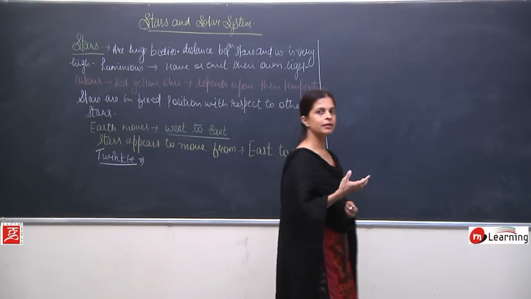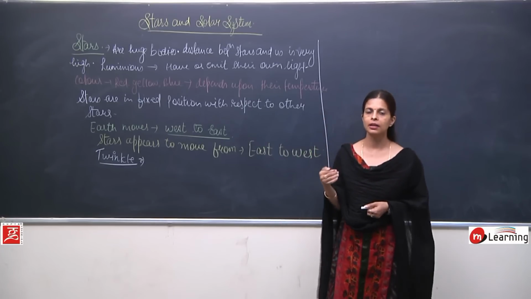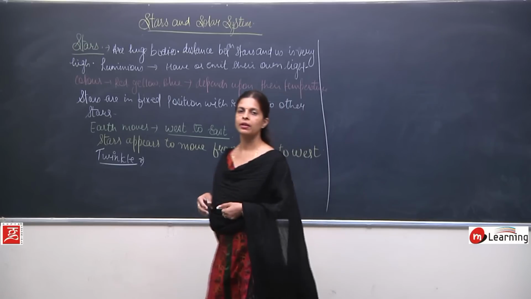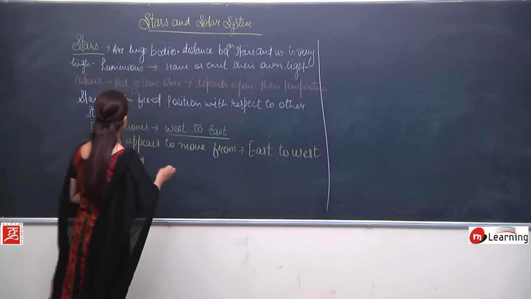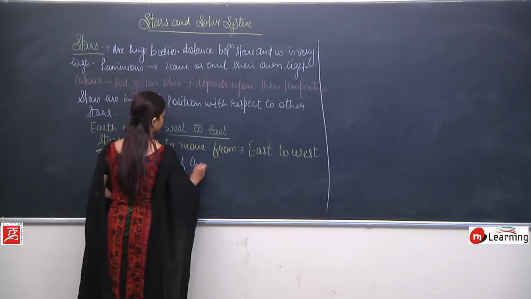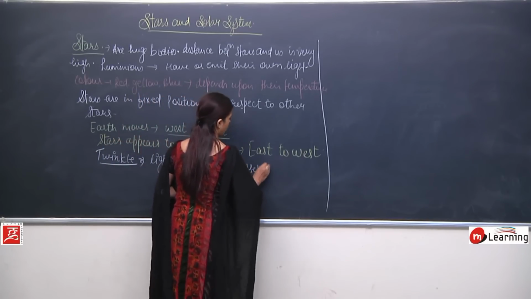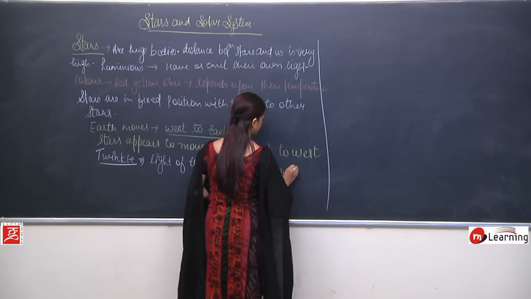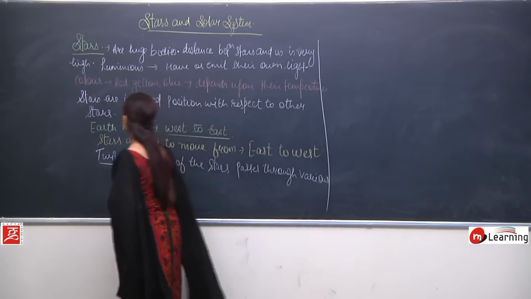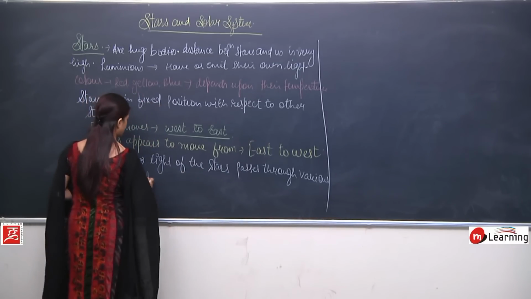Stars have their own light, they are emitting light, but then this light, when it reaches our earth's surface, passes through various layers of the atmosphere.